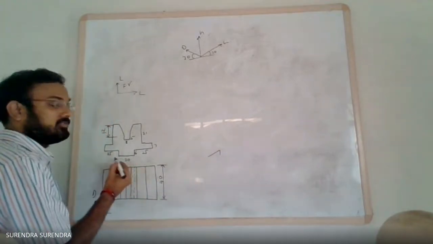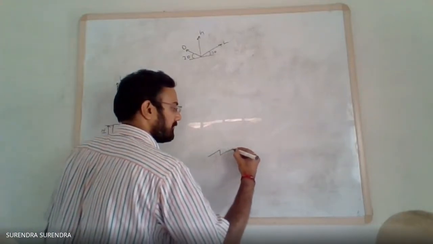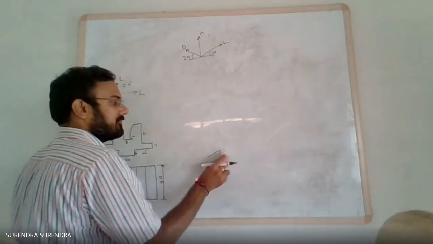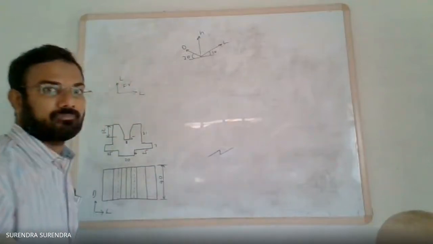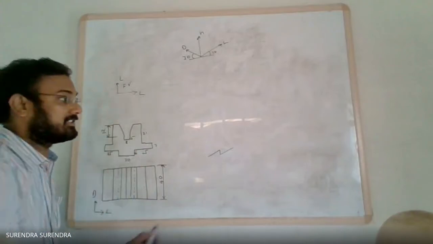Next, a 20 mm horizontal line, that is a 20 mm long line at 30 degrees inclination. Next from here a vertical line of 6 mm.